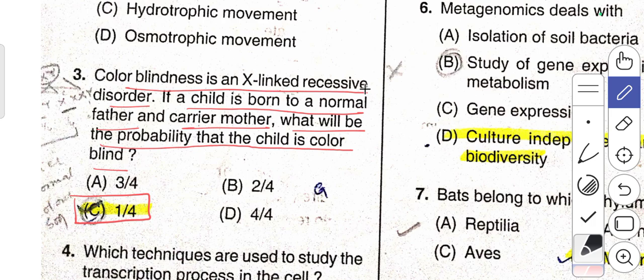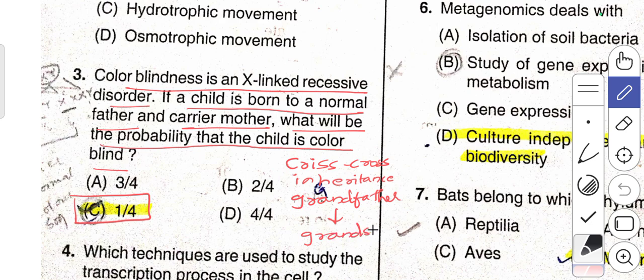In this X-linked recessive disorder, we always come across crisscross inheritance, from grandfather to a grandson via a carrier mother. So in one of the male children you will come across this color blindness. So 1/4 is the right answer.